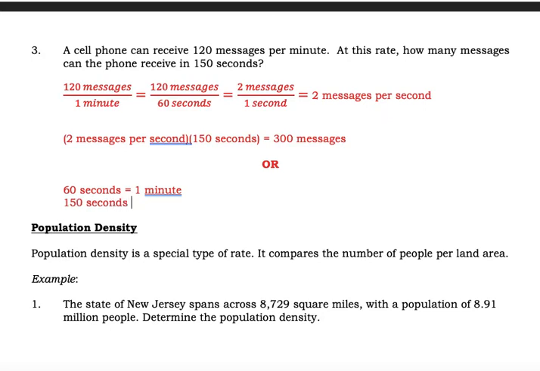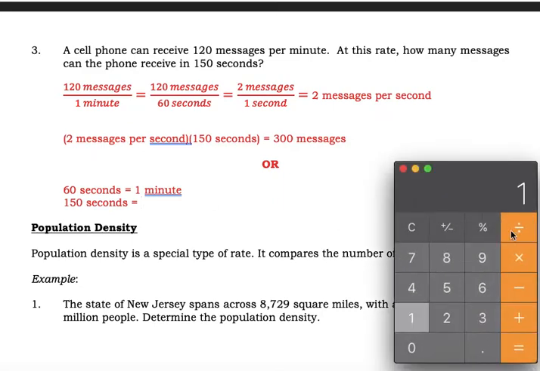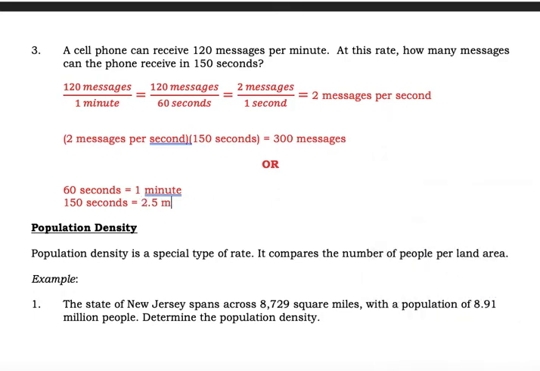So we want to determine how much is 150 seconds. The way you would do that is you would just divide 150 by 60. If you divide 150 by 60, that's 2.5 minutes.